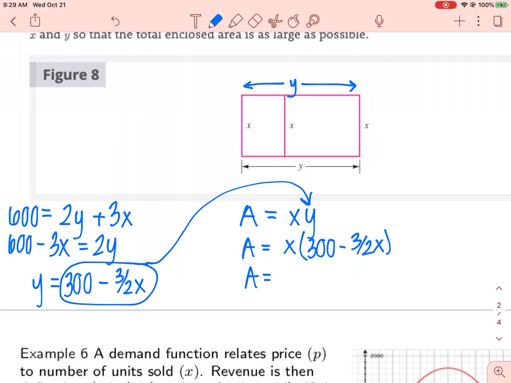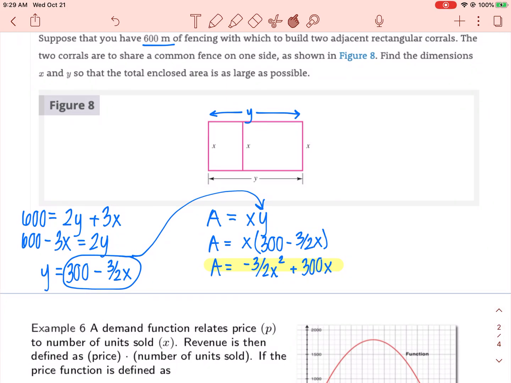Now we get a nice function of negative 3/2 x squared plus 300x. This is the area function, and we would have been done if it didn't say as large as possible. That tells us maximum. We're going to try to find that max value.